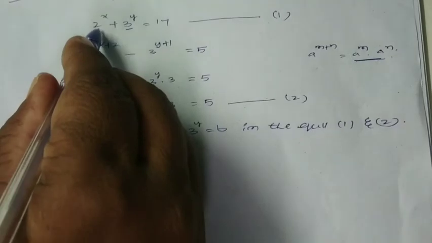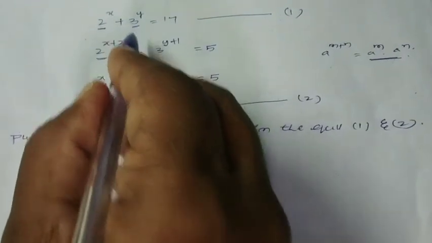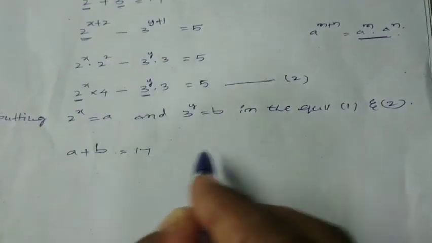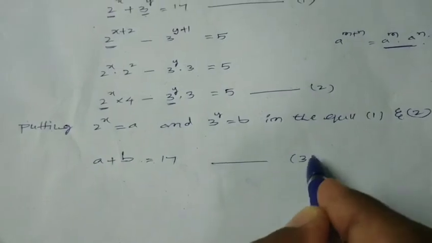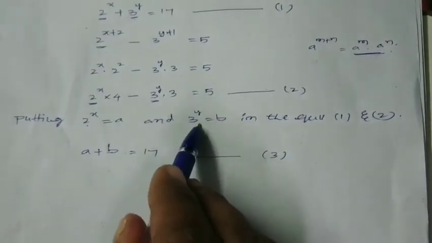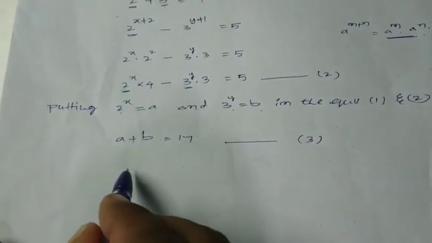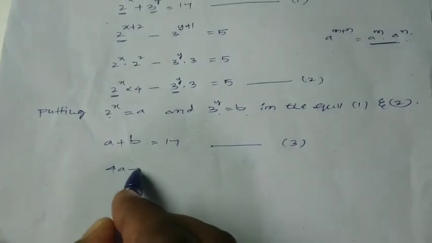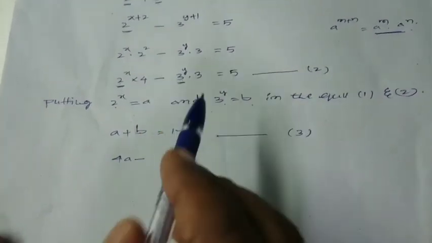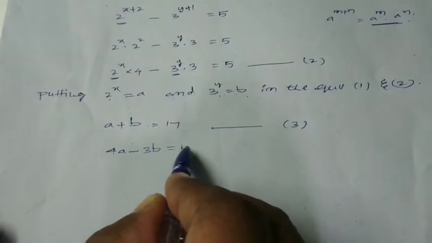In equation 1, 2 power x equal to a plus 3 power y equals to b is equals to 17. Equation 3. In equation 2, we are going to substitute 2 power x equal to a and 3 power y equals to b. 2 power x equal to a into 4, 4a minus 3 power y equals to b into 3, 3b is equals to 5.